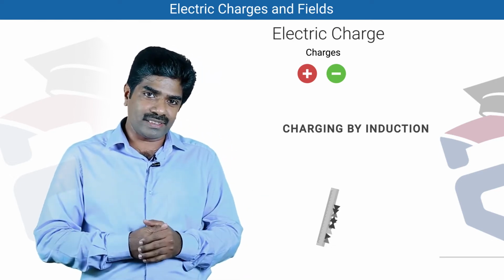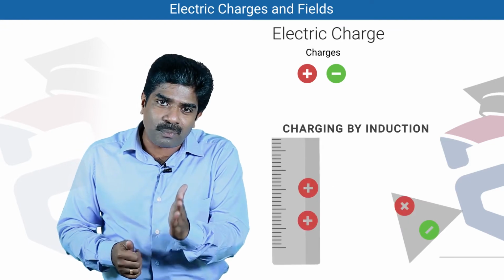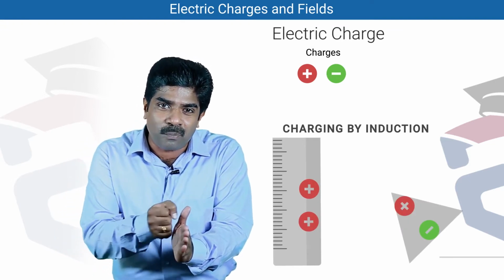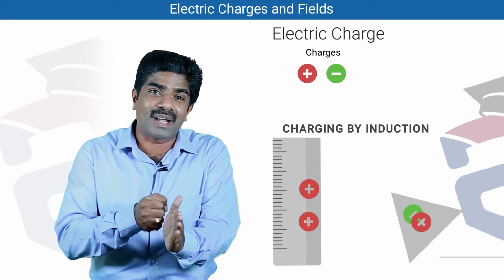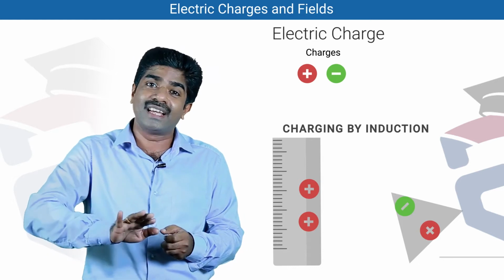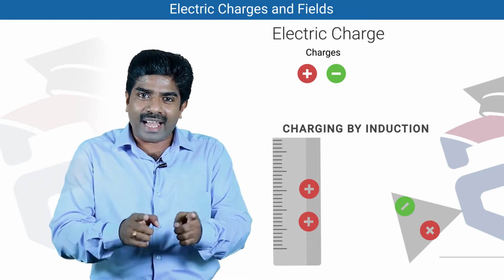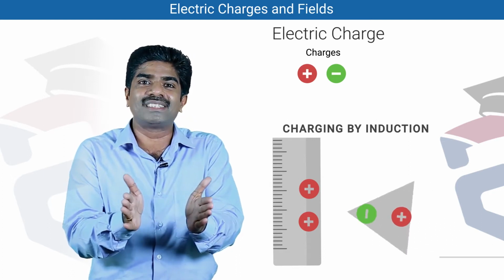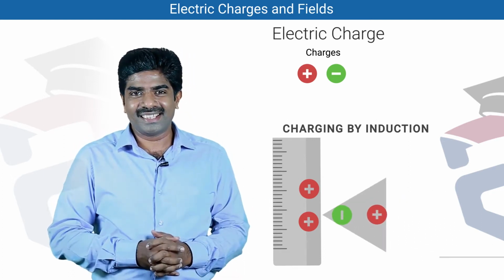This happens because when you place a positively charged scale close to the neutral paper, it pulls the negatively charged electrons towards the scale and pushes the positive charges away from it. As the positive and negative charges are close, the paper pieces get attracted.